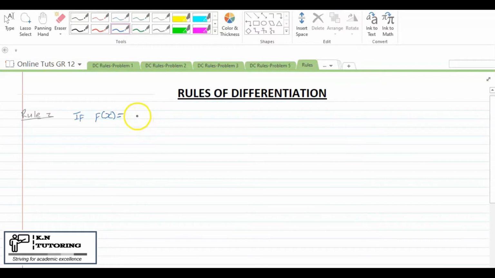So if f of x equals x to the power n, then the derivative will be f prime x. Now look at what's going to happen here. We take the n, which was the exponent, we drop it down, then we remain with x to the power n, then we take the very same n and subtract 1 from it. And if we are given a different notation where y equals x to the power n, we do the same thing, it's just that the notation here is different.